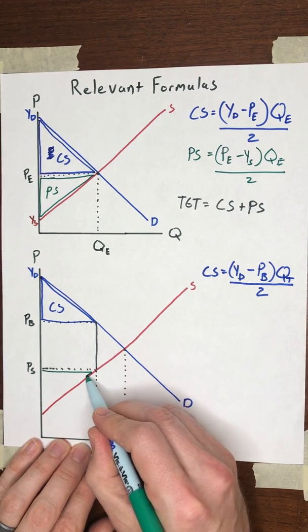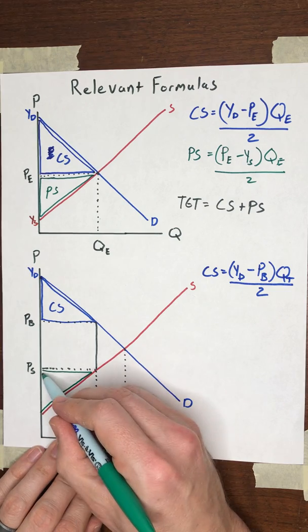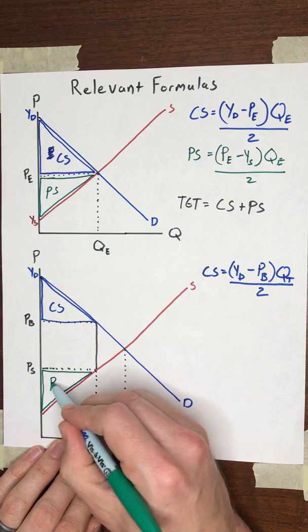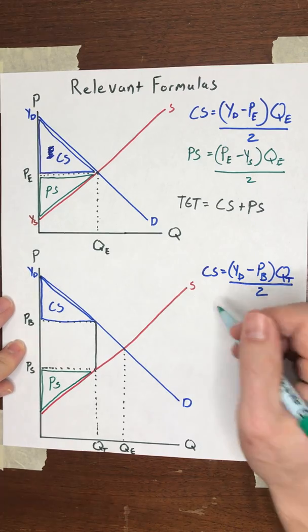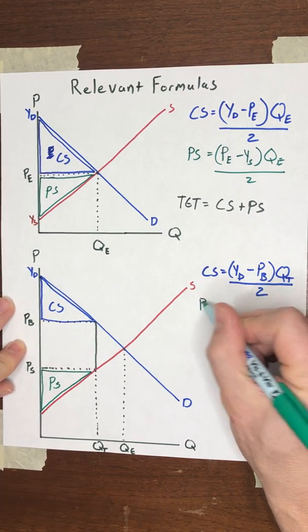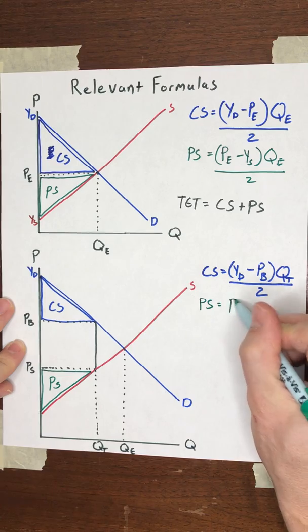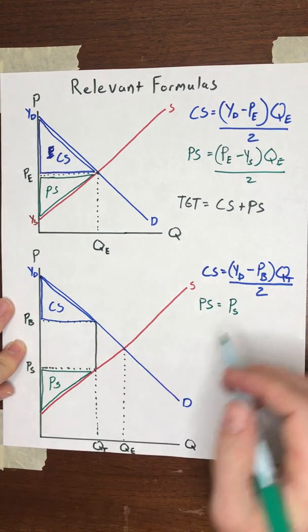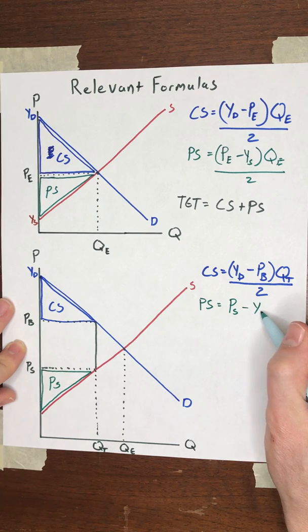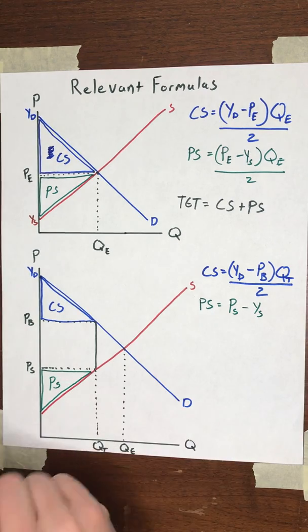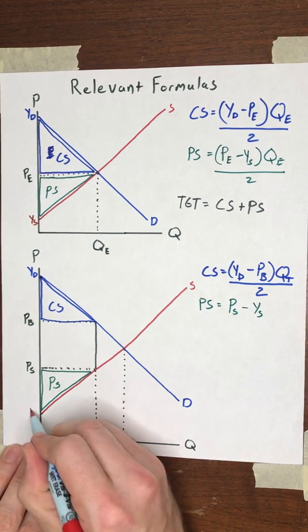We're still going to give that to the producers as producer surplus. But now that's going to change our formula. It's going to be PS, not PE, but PS minus the y-intercept of the supply curve, which remember is this point right here.